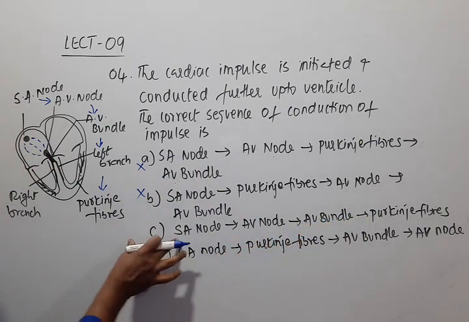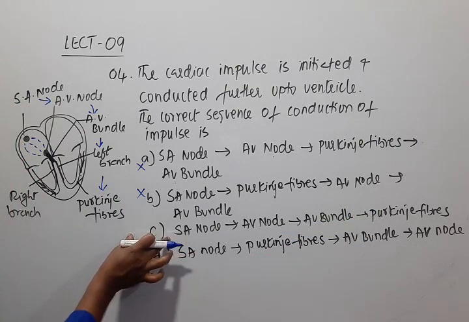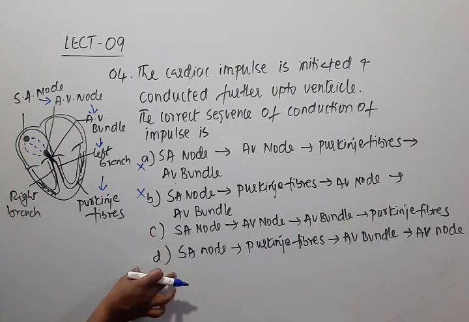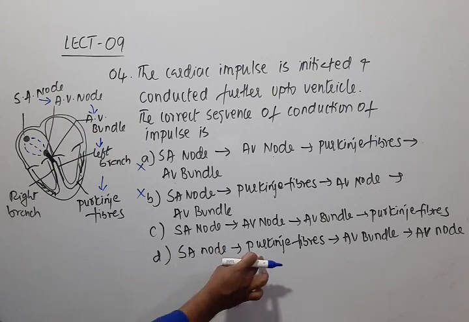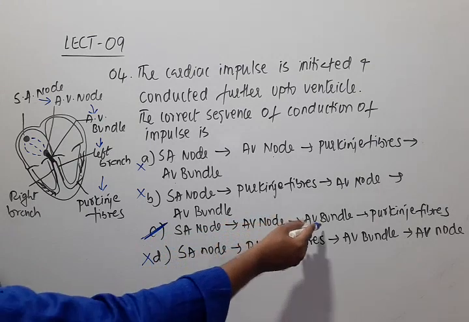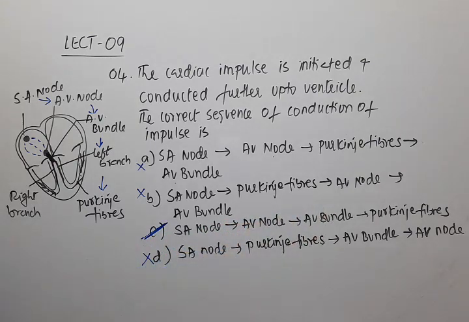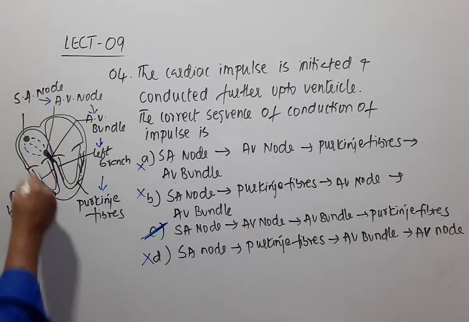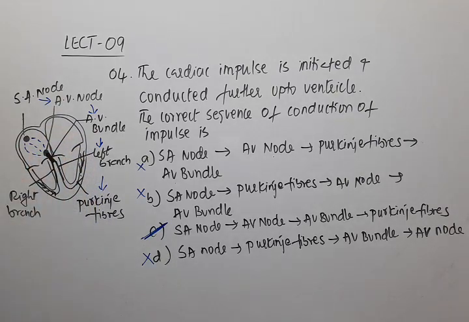Before choosing this option as the answer, let's see option D, SA node to Purkinje fibers again. So this is also wrong. So the correct option is SA node to AV node to AV bundle to Purkinje fibers, and you can get an idea from this picture.